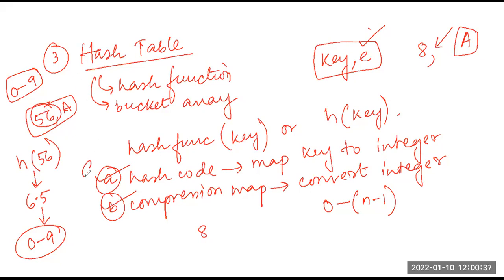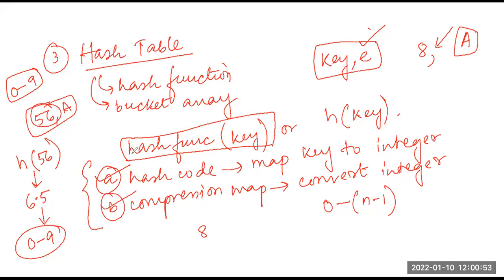These two concepts together is known as applying hash function on your key, or you may say this is the concept of hashing. Okay. So hash table is a data structure.